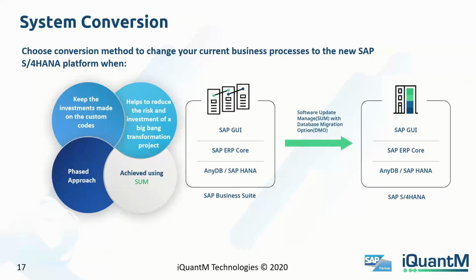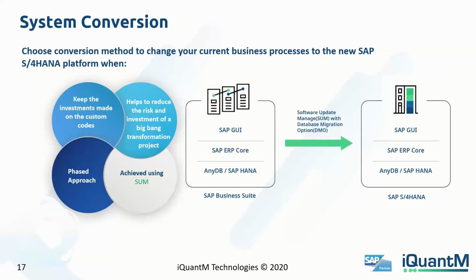We can use the same software update manager for us to do the system conversion from SAP ECC to SAP S4HANA. In addition to that, we have this tool called DMO, which is database migration option, which will do your database migration from any traditional DB, say Oracle or SQL or Linux or whatever DB that the customer might operate their ECC system on, they can convert into S4HANA.